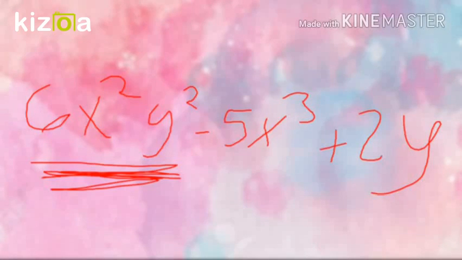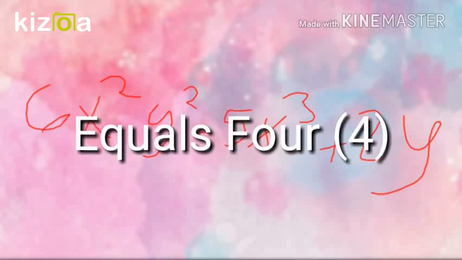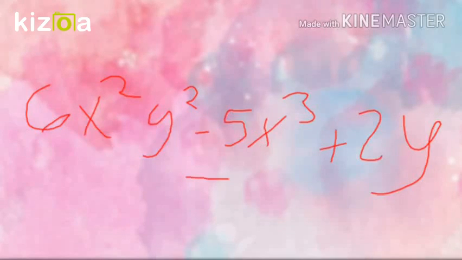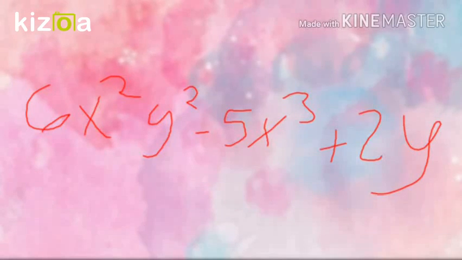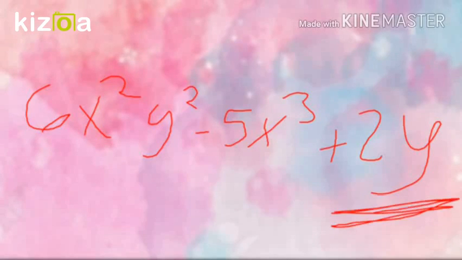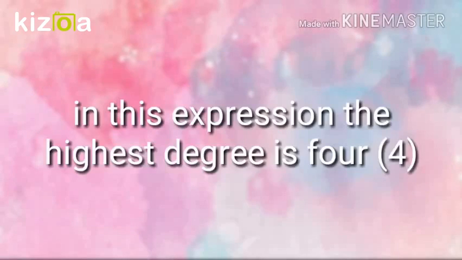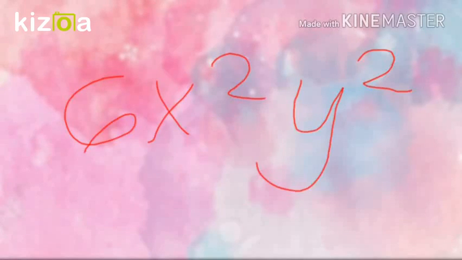Let's add the exponents, 2 plus 2, equals 4. The next term is 5x cubed. Obviously, the degree is 3. And the last but not the least is the 2y, which has only degree 1. In this expression, the highest degree is 4, which comes from the term 6x squared y squared. So in quartic, the highest degree is 4.